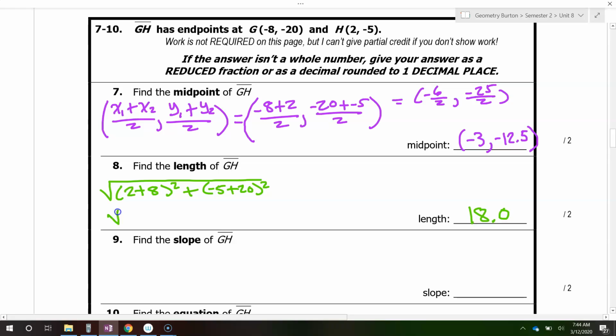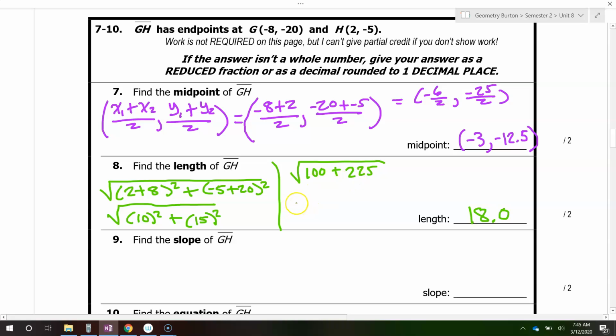Here's what it looks like if you break it down a little bit further. So obviously 2 plus 8 is 10, so I'm going to have 10 squared. Negative 5 plus 20 is 15. So I'm going to have 15 squared. So maybe you would show that work. And then 10 squared is 100. 15 squared is 225.